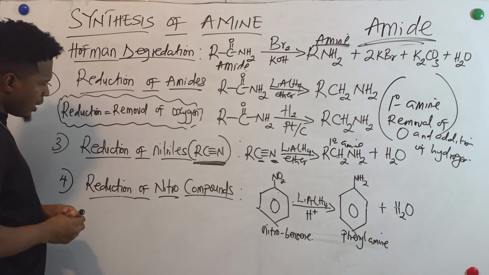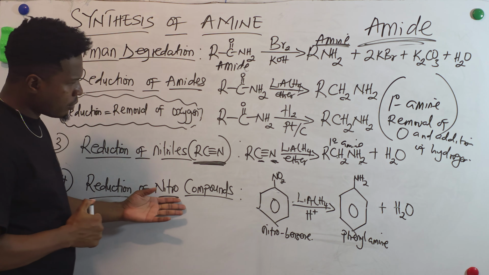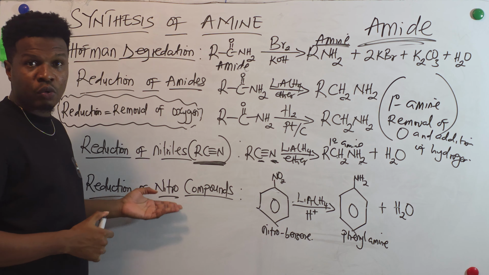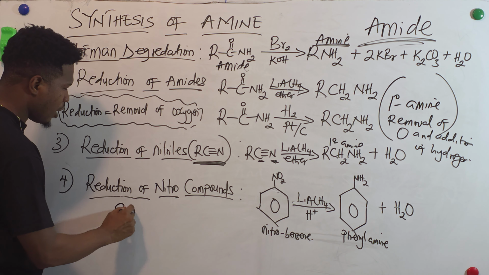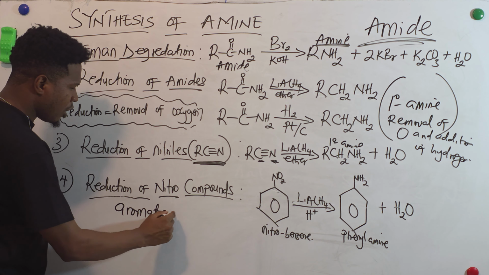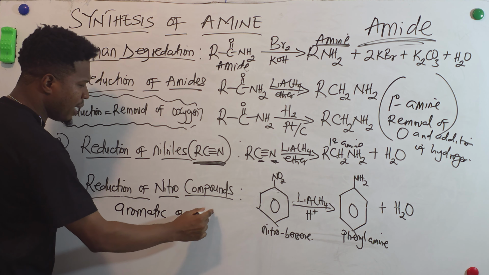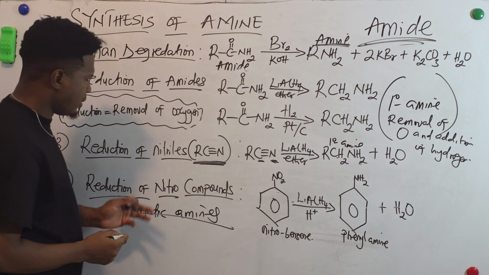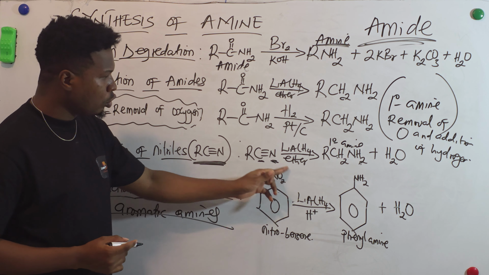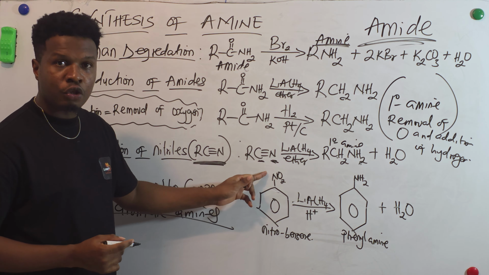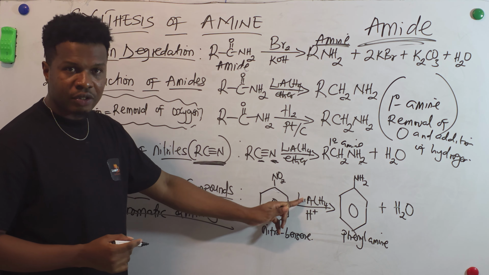The last one is reduction of nitro compounds. This one is mainly for aromatic amines. Aromatic amines undergo this reduction from a nitro group. The nitro group here is reduced using the same reducing agents we have here.